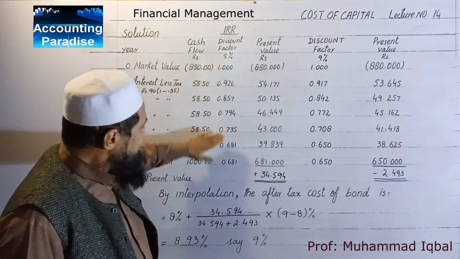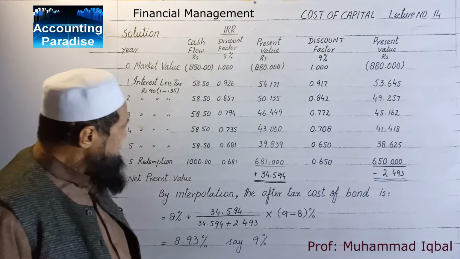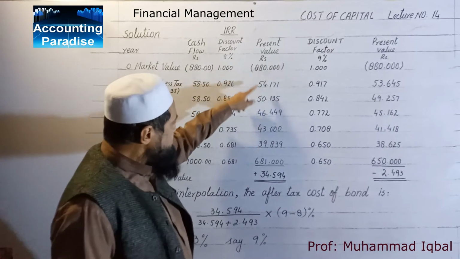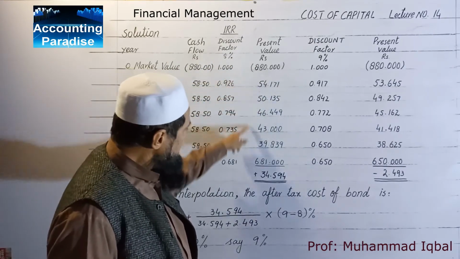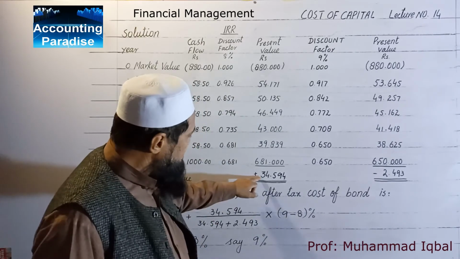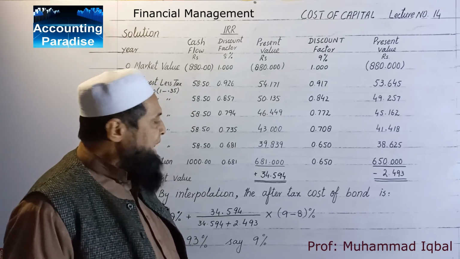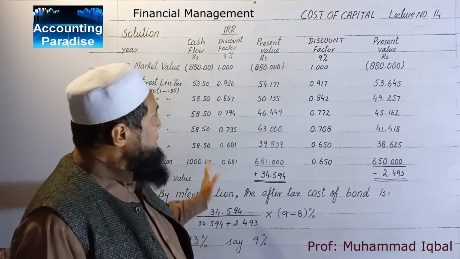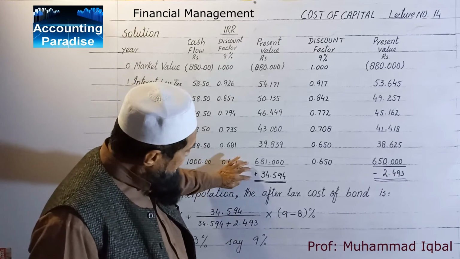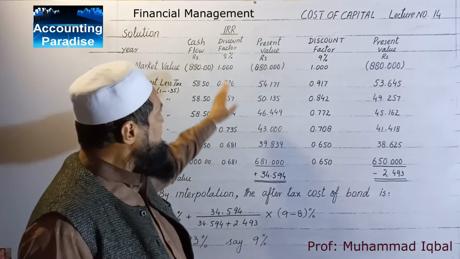We try from 8%. The present values come to these values, and when we calculate the net present value, it comes to 34.594. It is a positive value, so we will increase the discount rate.